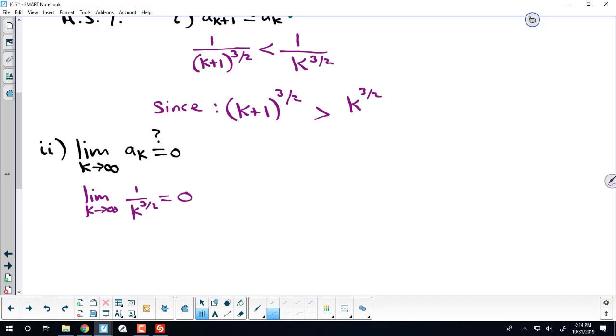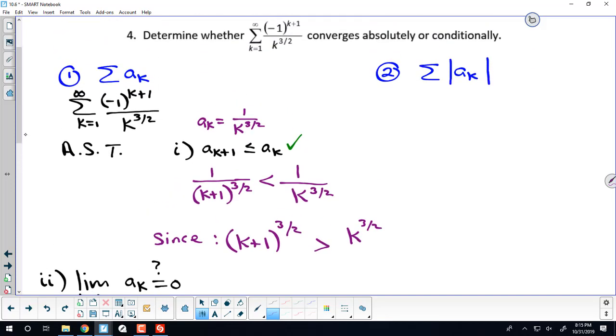So what we have is the series itself converges. We have to then look at the absolute value of that series to determine if it's absolutely convergent or conditionally convergent. Yeah, good enough. So in this case, we're actually looking at the sum from k equals 1 to infinity of the absolute value of that entire series.